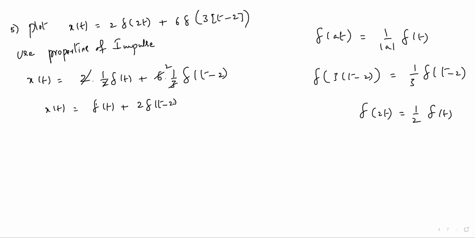Let us plot the signal. We are having simply two impulse functions. First function is at origin, unit impulse function. So amplitude 1. Second one, del of t minus 2. Minus means right shifting operation.